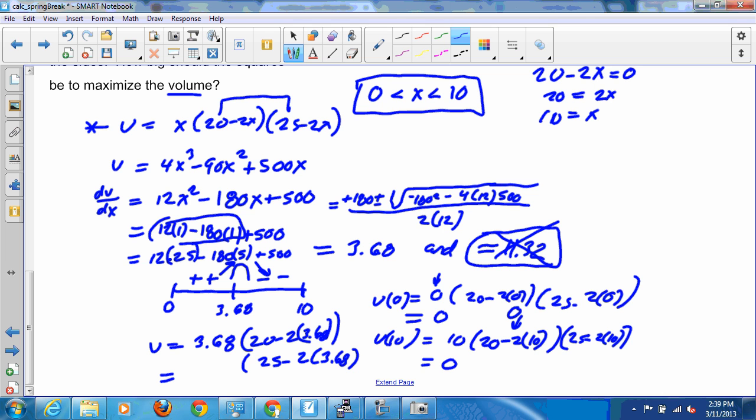And I think the volume is going to equal about 820.53. And this was given to us in inches, so we have cubic inches for our volume. So that's our maximized volume based on the piece of metal that we had originally.